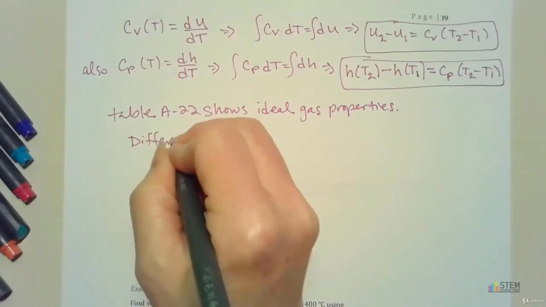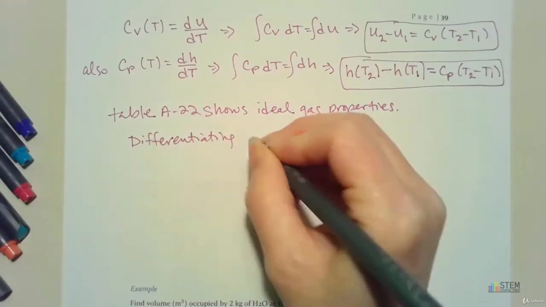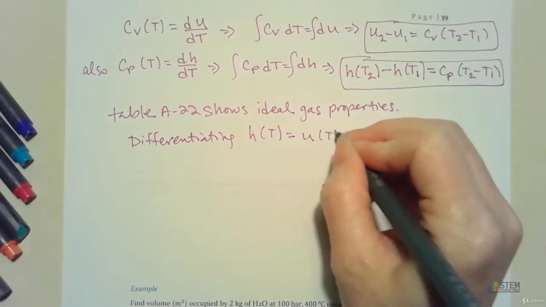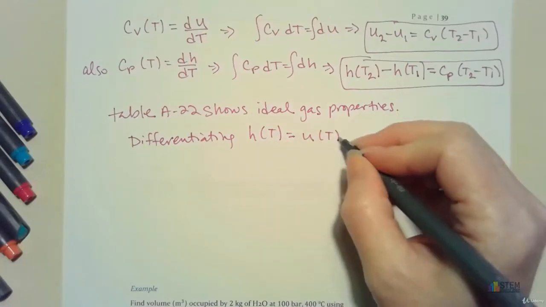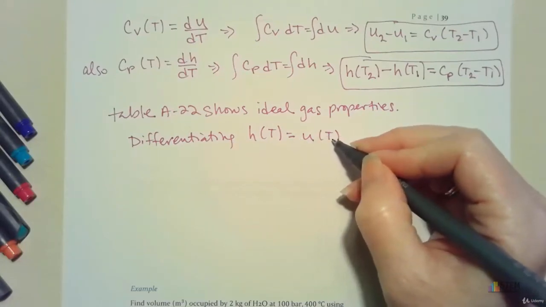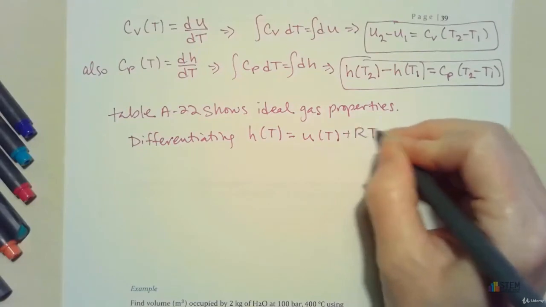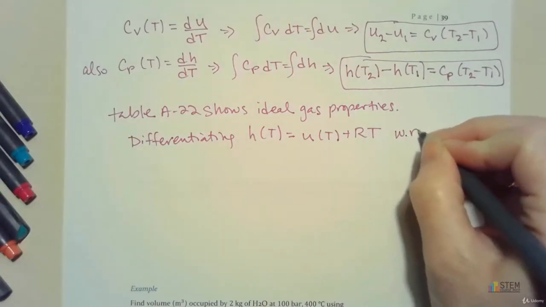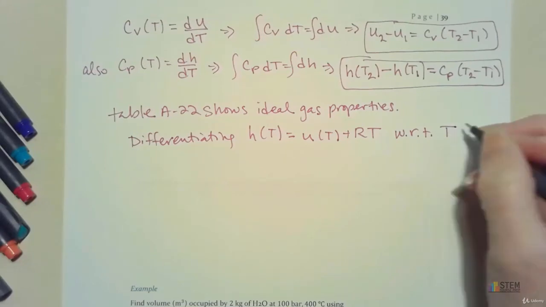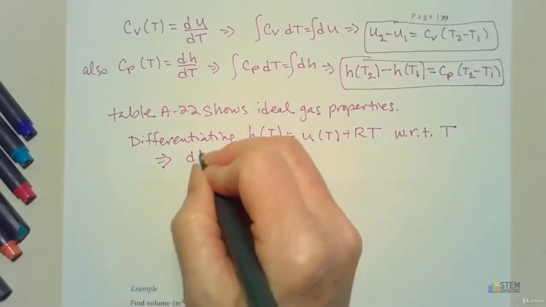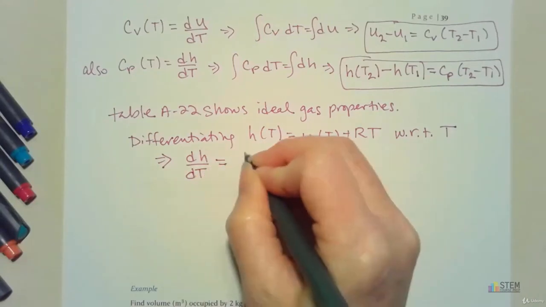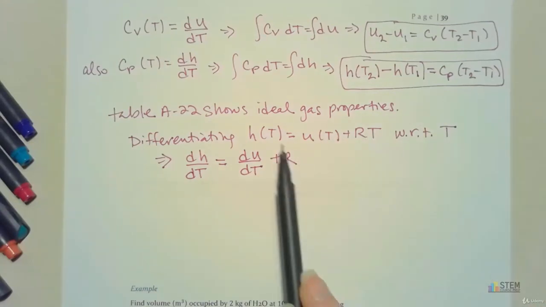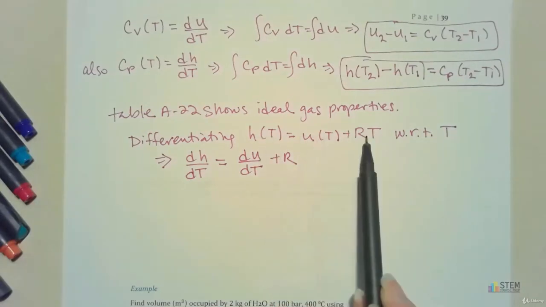Now, if we differentiate our h, our specific enthalpy, which is a function of temperature, and it's equal to u, which is a function of temperature, sorry about that, plus R times T. If we take this equation and differentiate it with respect to temperature, what we get is dh dT equals du dT plus R. Essentially, we're just differentiating with respect to temperature on each one of these three terms.